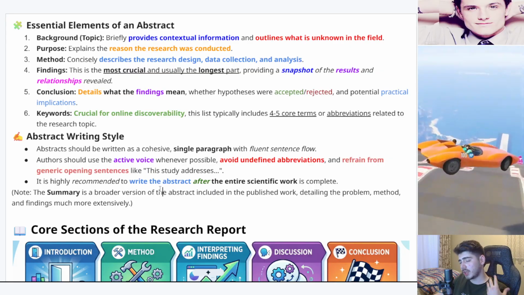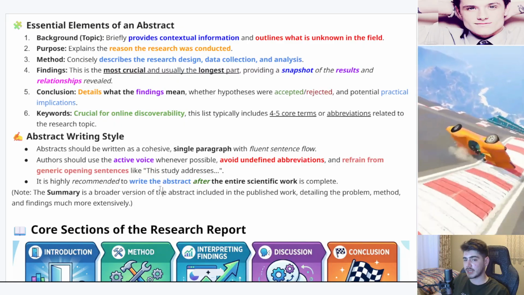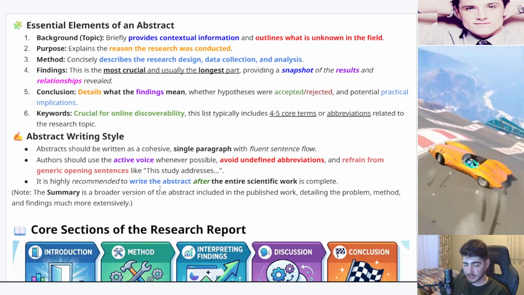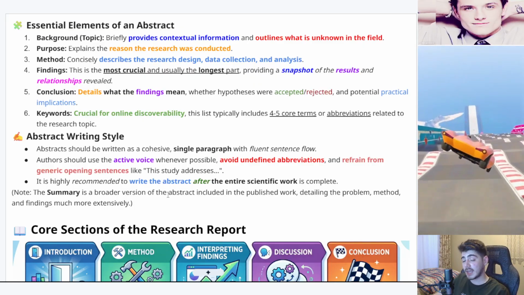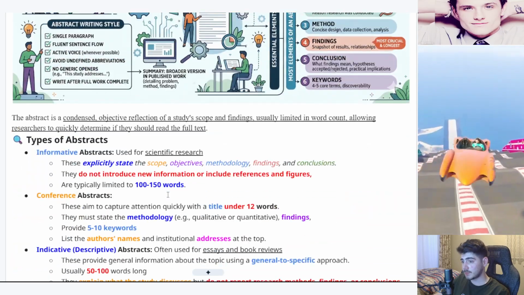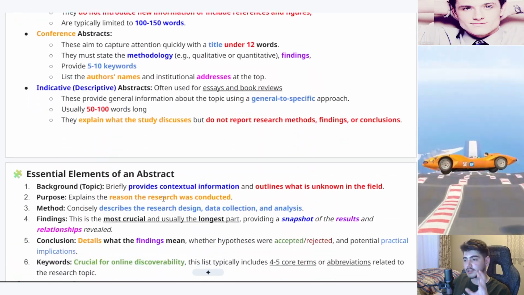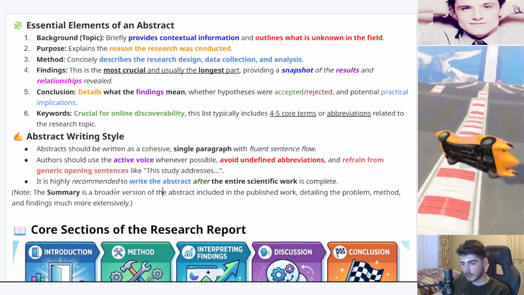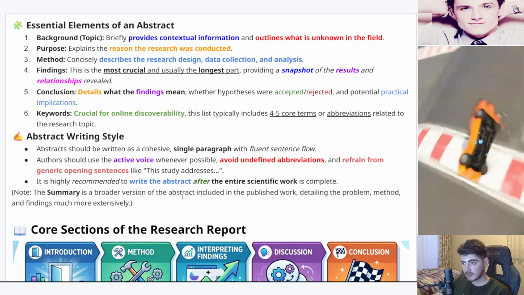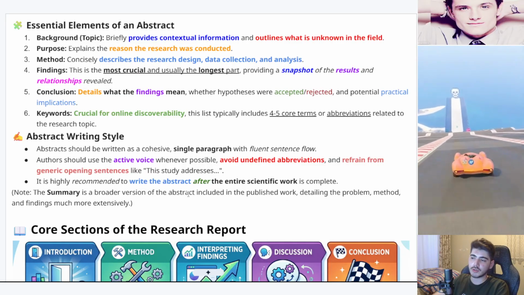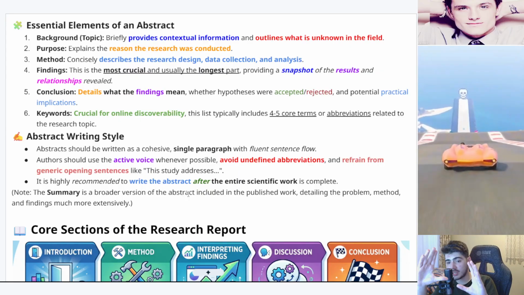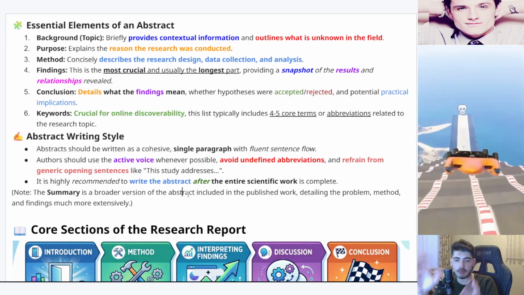Now, we have been referring to the abstracts as a summary, but there is an actual summary field in researches as well. And the difference between these two is the fact that summary is a broader version of the abstract, and it's included within the published work. So you see the abstract, it's like the back of a book.